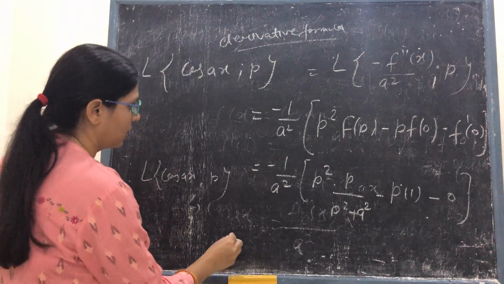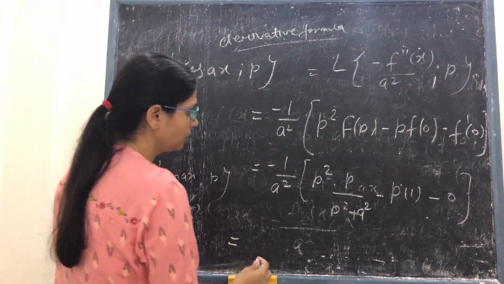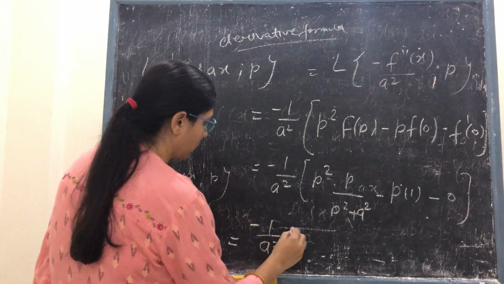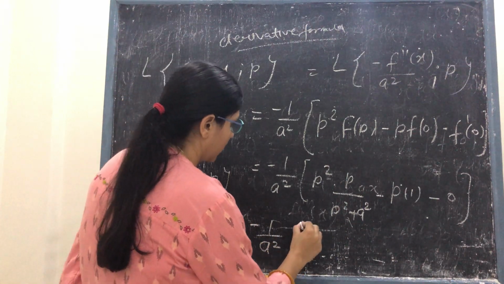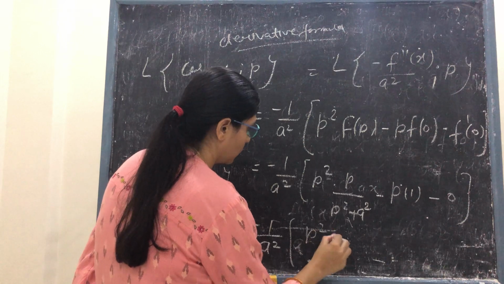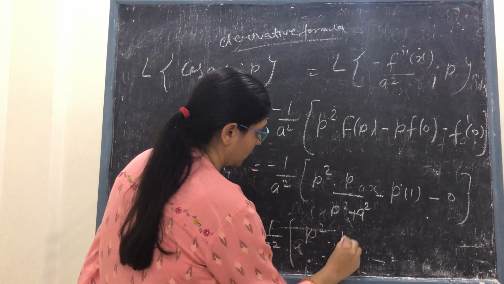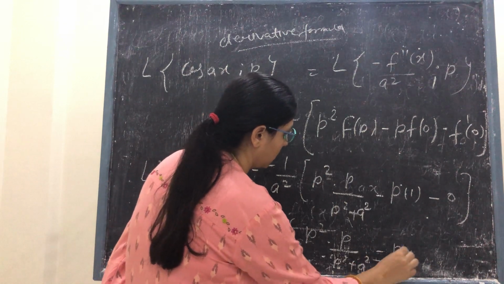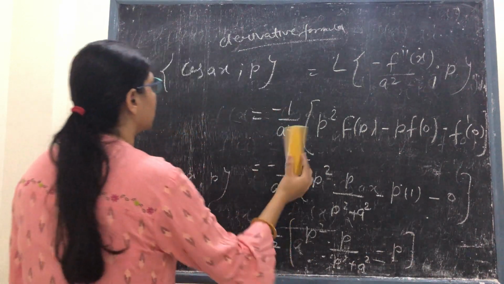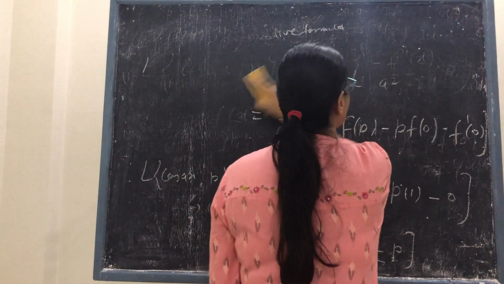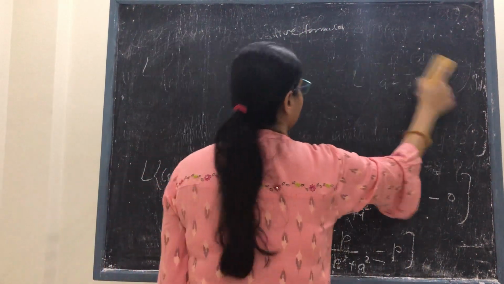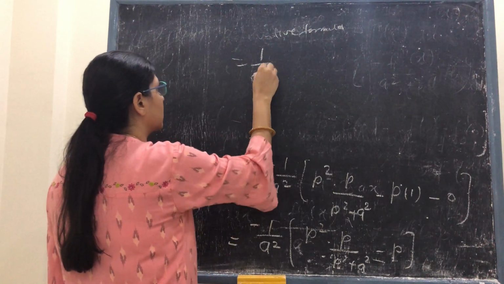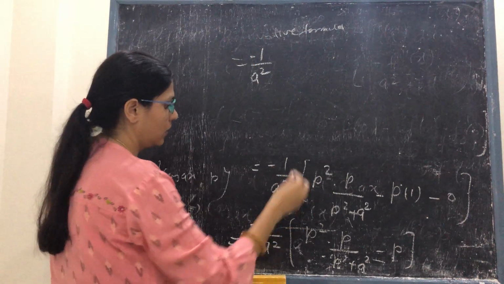This is minus 1 upon a square into p square into p over p square plus a square minus p. Minus 1 over a square.